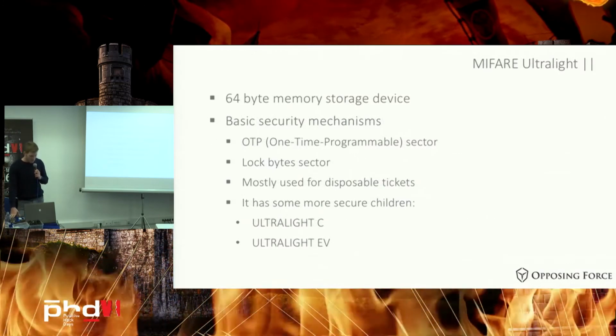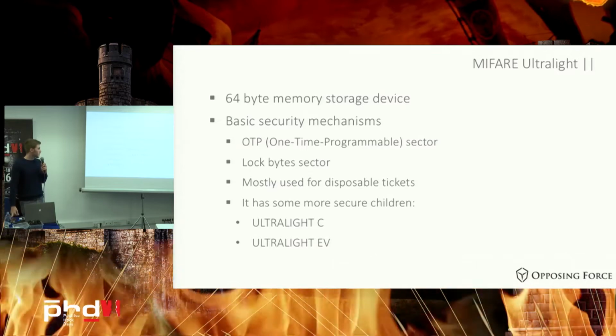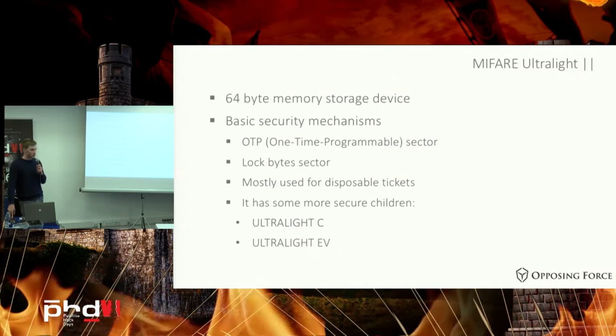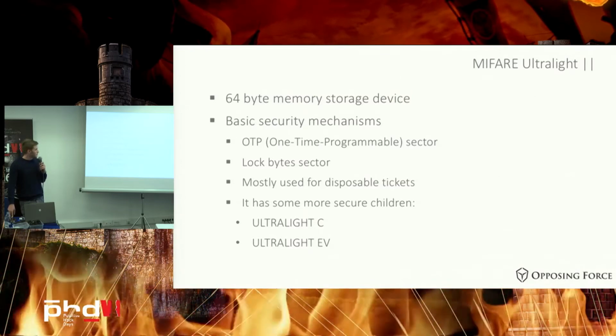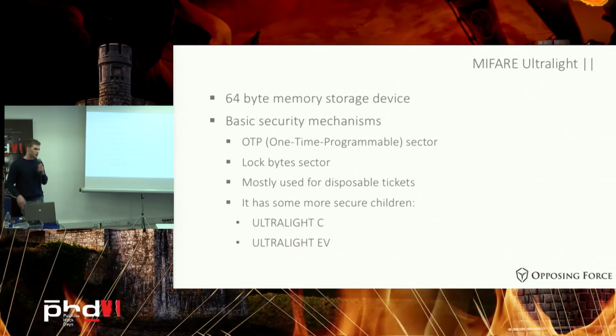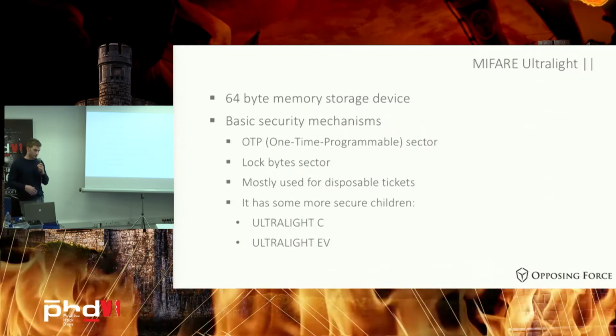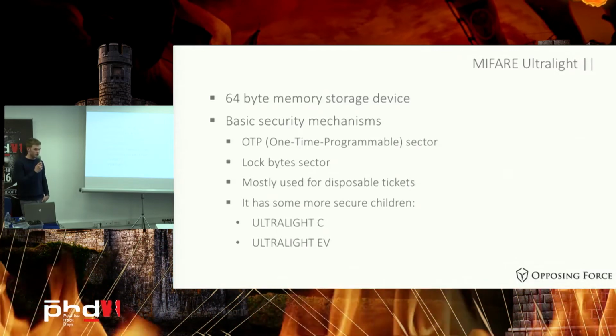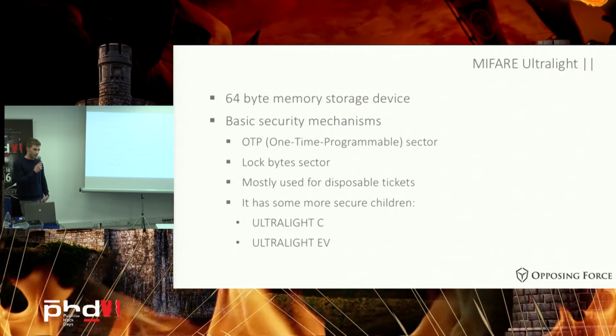Then we have MIFARE Ultralight. MIFARE Ultralight usually is used in transport systems, mostly, because it's cheaper, it's disposable, and it doesn't have a lot of security features and a lot of memory. It just has 64 bytes of memory, of which about 46 are usable for data storage.